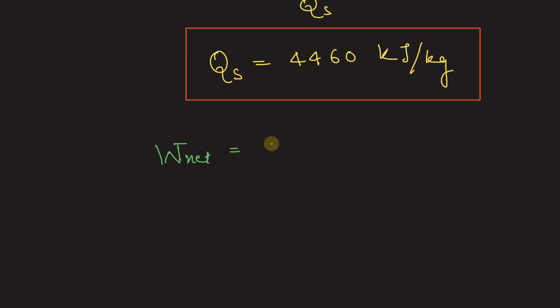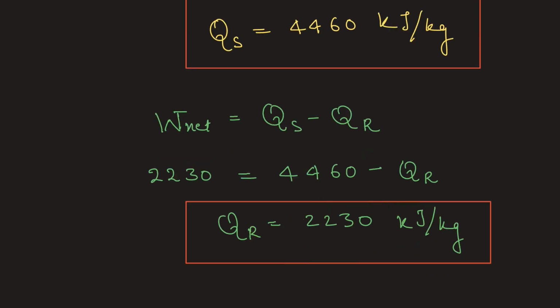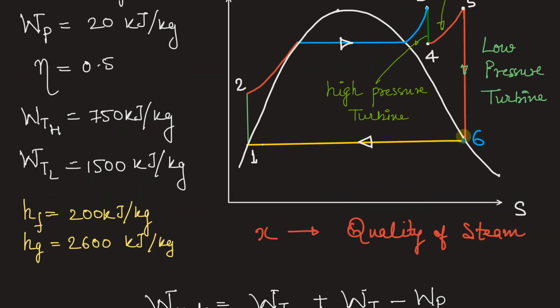Also we know that the net work done is equal to heat supplied to the system minus heat rejected by the system. So net work 2230 is equal to QS, which we calculated as 4460, minus QR. So QR will be equal to 2230 kilojoule per kg. Now the heat rejected from the system occurs in process 6 to 1 where the condenser is.